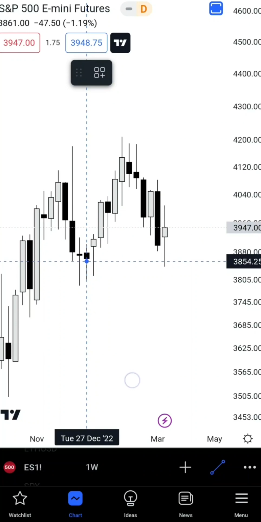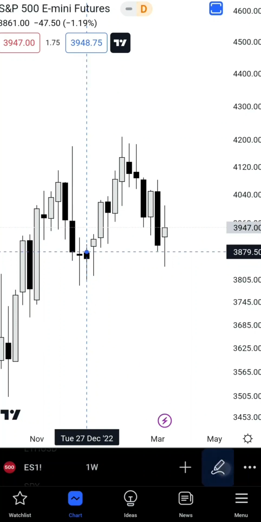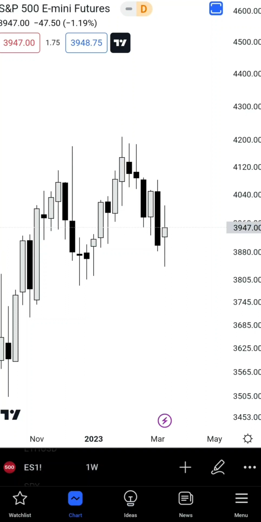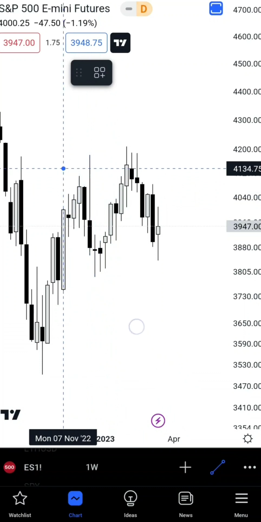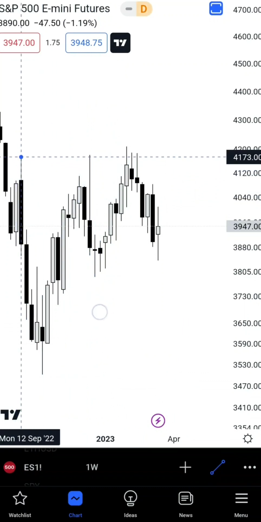Now, before I mark the PD arrays, there's something more important than the PD arrays, which is liquidity. In this instance, we have had a purge in liquidity, right here. You see this?